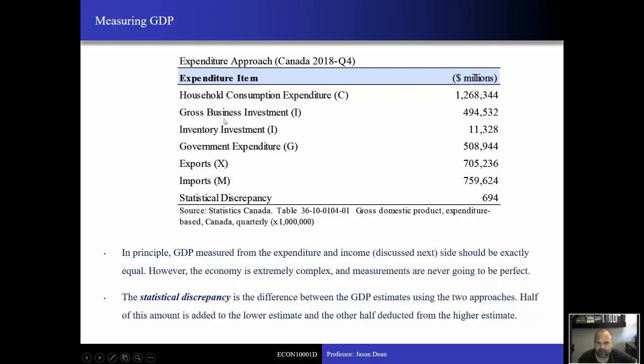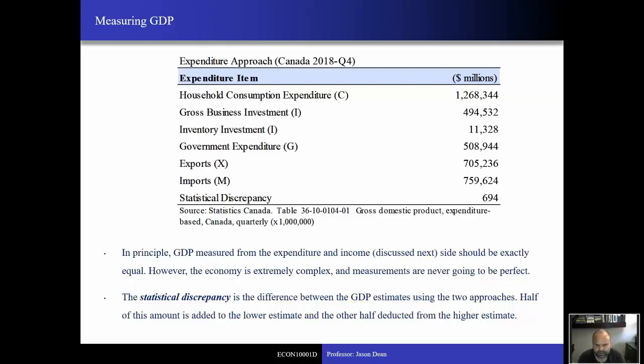Now remember, inventory investment is part of this, so these two items here are both included in the I. So we just have our C plus I's, two I's here, we just sum them together, plus G, plus exports, and then subtract imports. Now this statistical discrepancy is basically the difference between the two approaches.